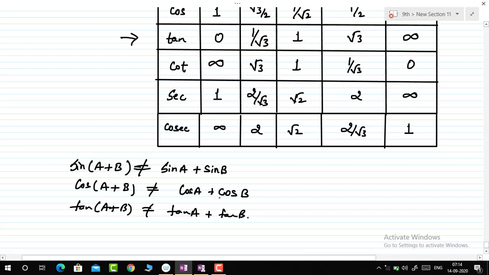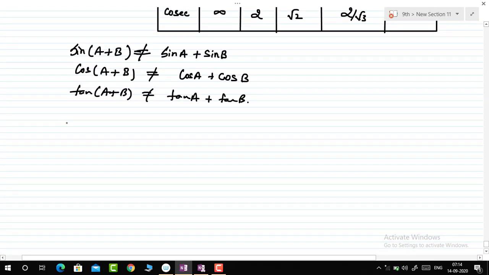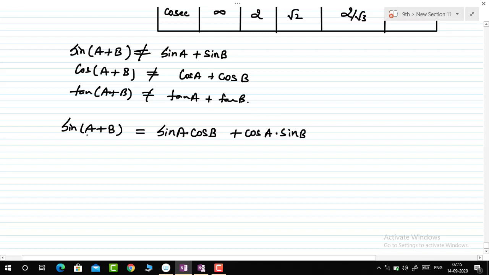So there are different formulas for it. I can give you the formulas, though they are not mentioned in the book. Sine A plus B equals sine A cos B plus cos A sine B. This is the formula of sine A plus B. If I place a negative here, then the only change is that the sign here will be negative.